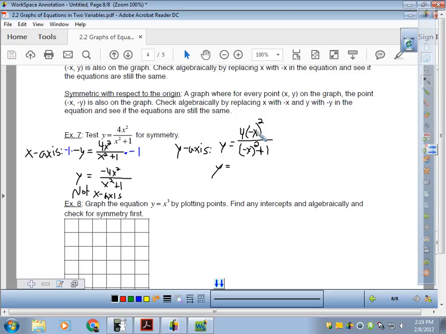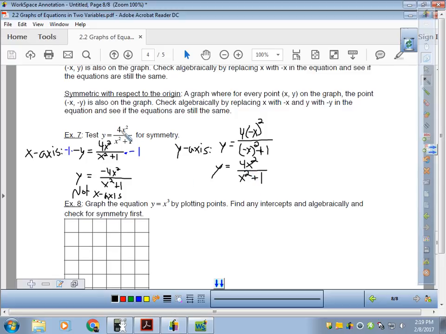So negative x squared will actually come out as a positive number, and then it gets multiplied by a positive 4, so we'll end up with positive 4x squared. On the bottom, I have a negative x squared again, so it's a negative x times a negative x, so it's going to give me a positive x squared, and then I still have that plus 1 trailing behind. So that's what it looks like when we simplify.